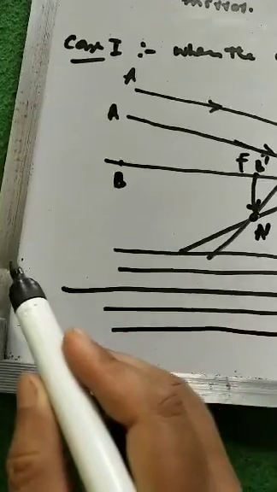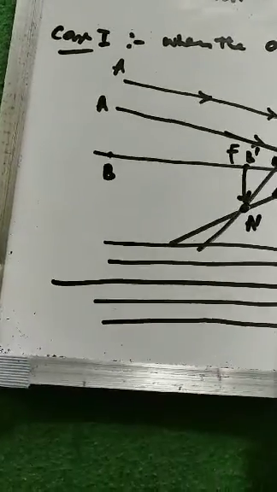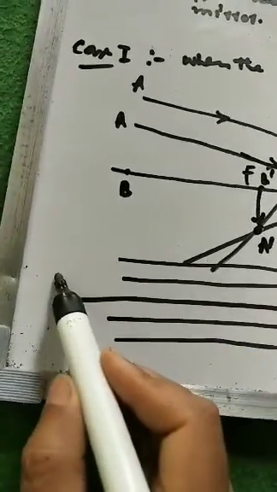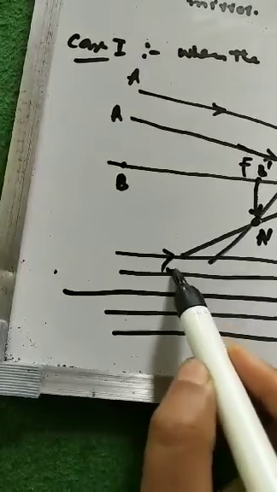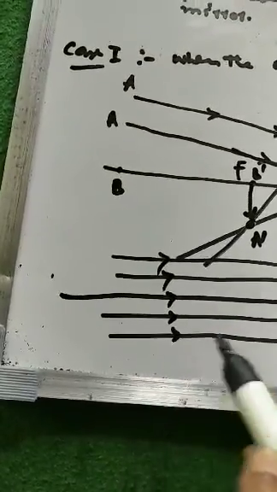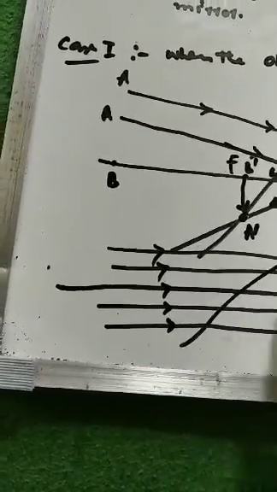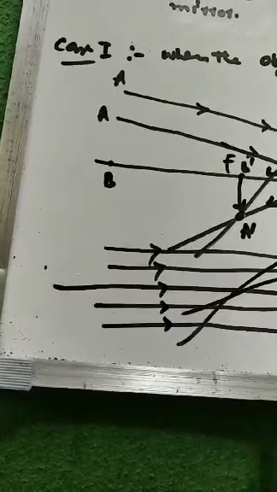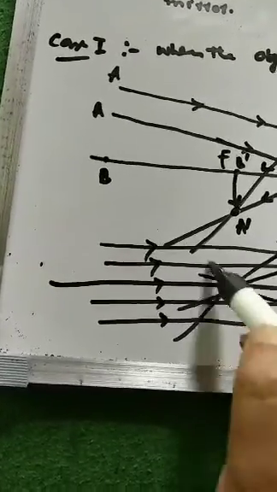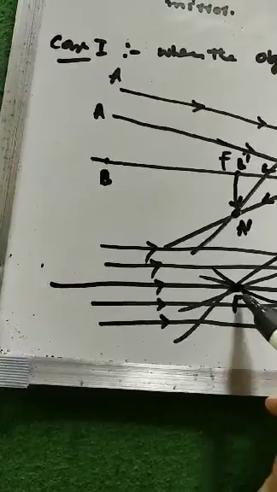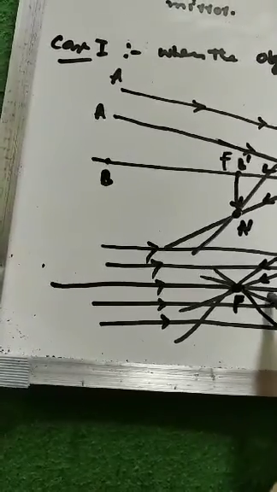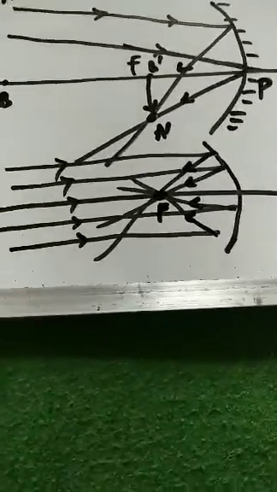Here the object is at infinity, it is not shown in the diagram. These are the parallel rays coming from that object, parallel to the principal axis. The concave mirror will converge these rays, and the reflected rays will meet at F. What is the size of the image?